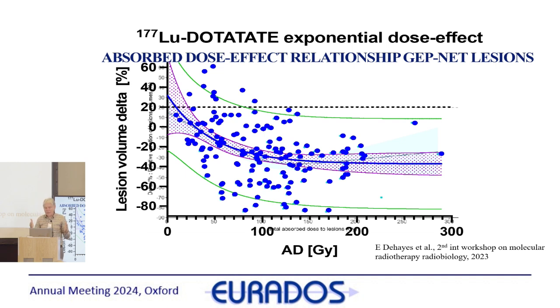So that's something we have to discuss, what's causing this saturation of response. My first explanation is perhaps it's inhomogeneous dose delivery, but I'm open to any other suggestions on that.